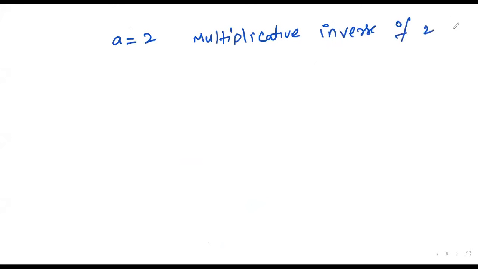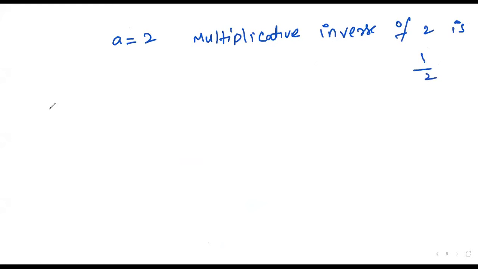Okay, suppose A is equal to 2, what is the multiplicative inverse of 2? The multiplicative inverse of 2 is 1 by 2.